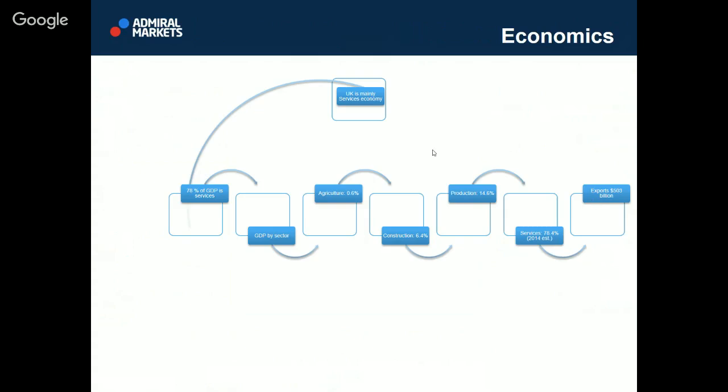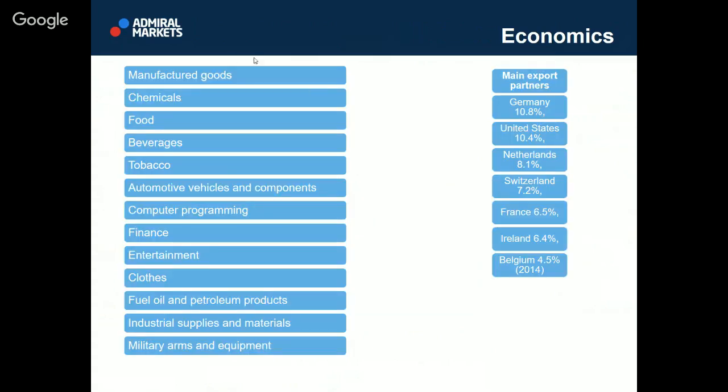UK exports 503 billion dollars. So the UK exports heavily, and these are the main trading partners: Germany, United States, Netherlands, Switzerland, France, Ireland, and Belgium. As you can see, one of the main trading partners is definitely Germany.